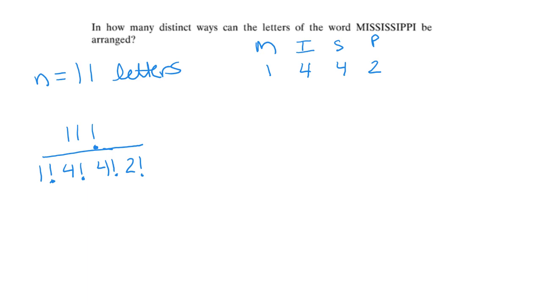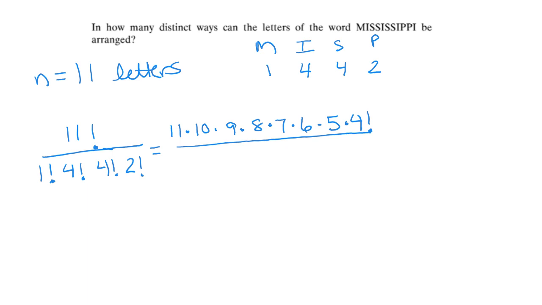All right, and then again, I'm going to work this one by hand. And you don't have to do this. You can put it in your calculator. This is 11 factorial, so I'll do 11 times 10 times 9, 8, 7, 6, 5. And I'm going to stop at this 4 factorial because I notice I have a 4 factorial in the denominator. I actually have 2 of them, but I'm just going to keep 1.